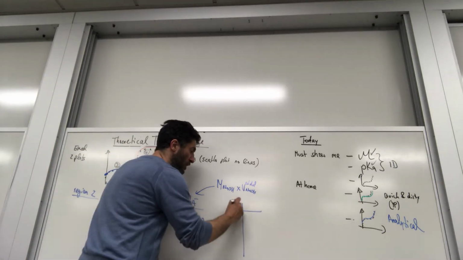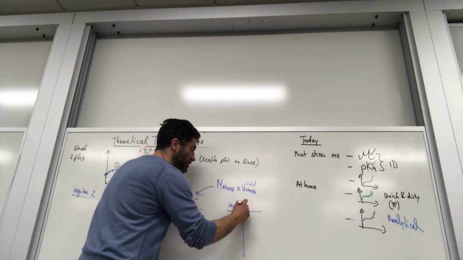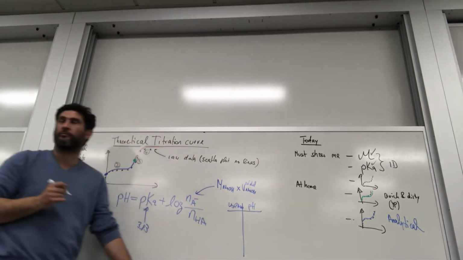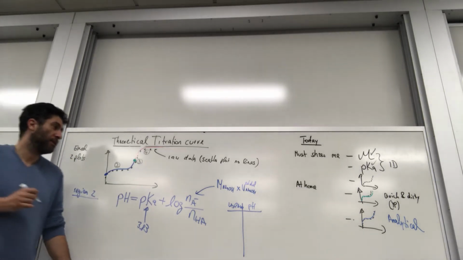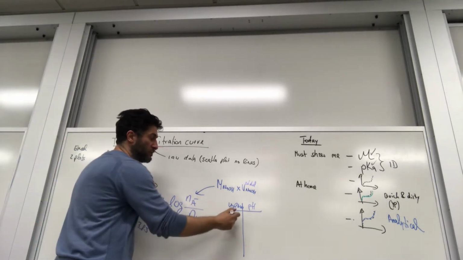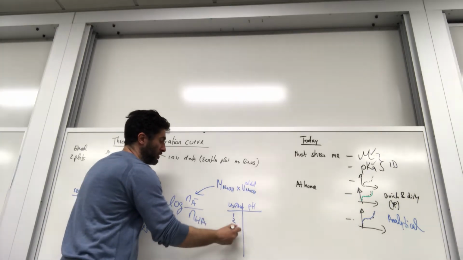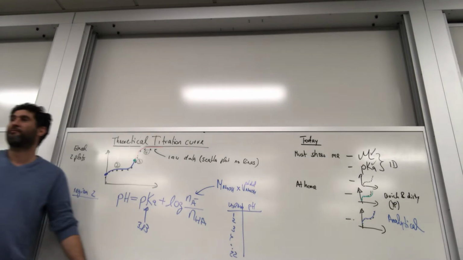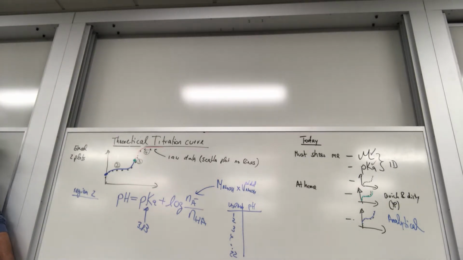One column is volume of NaOH, and the other one is pH. And in this volume of NaOH, you can just put data entry, 1 milliliter, 2, 3, 4, all the way to like 22 or something, right? You can use Excel and drag it down so you don't have to type in everything by hand. Yeah?